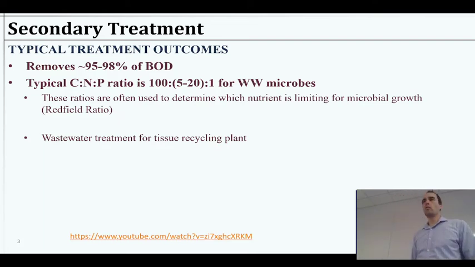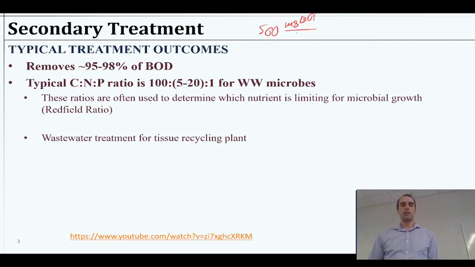A typical secondary treatment step is going to remove something like 95 to 98% of the BOD. So let's say in the worst case, we started with 500 milligrams of BOD per liter, and we take it through the secondary process.